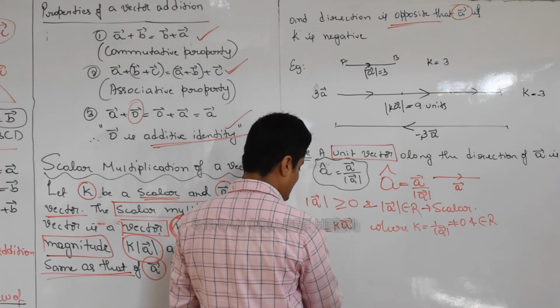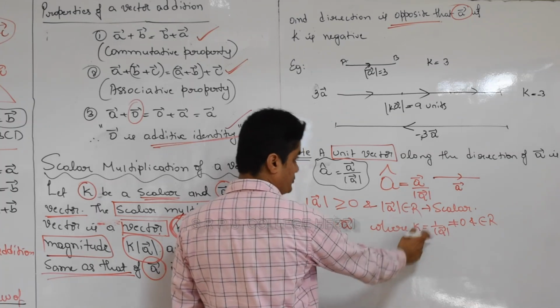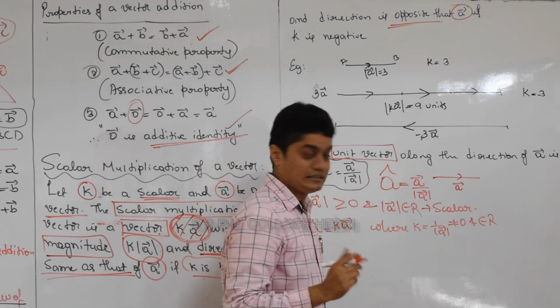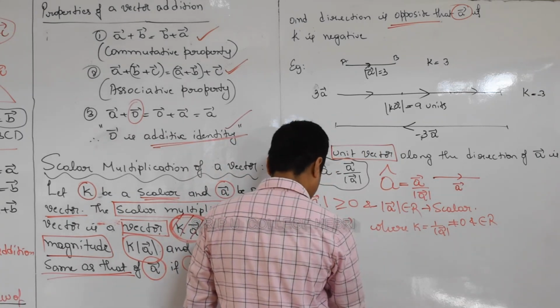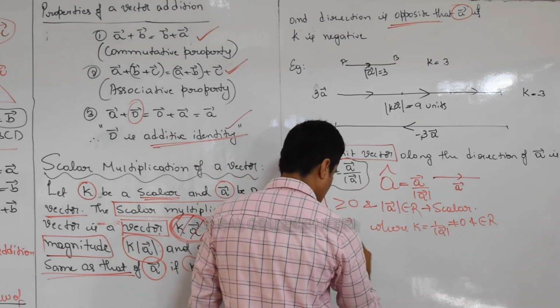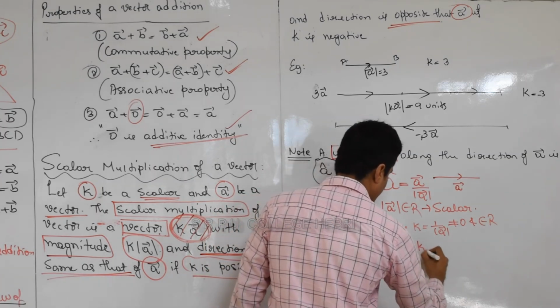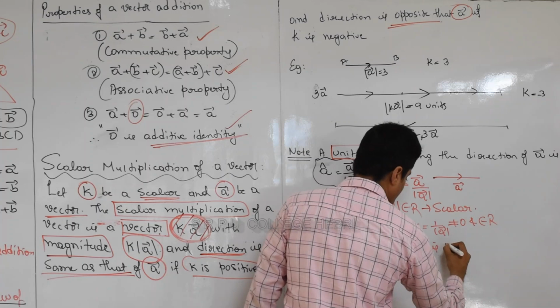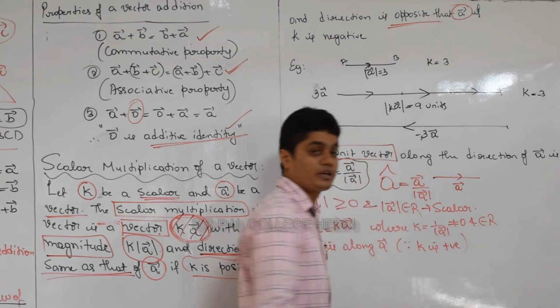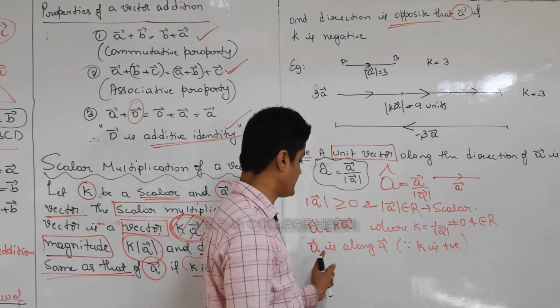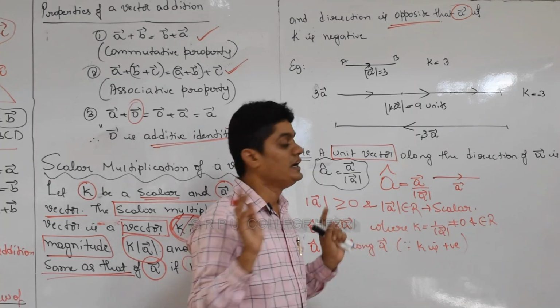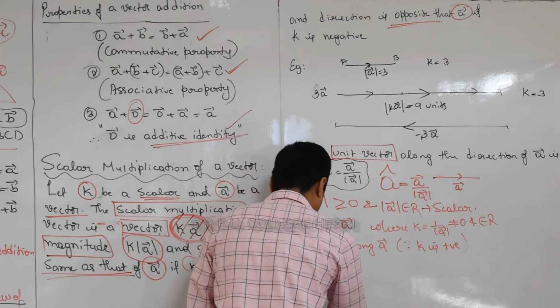Since this k is always positive, according to this concept, the direction is along vector A. Why? K is always positive. So the direction of vector A cap is along vector A. Did you understand?